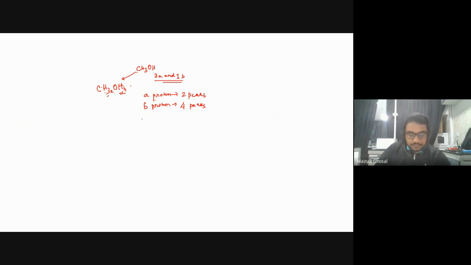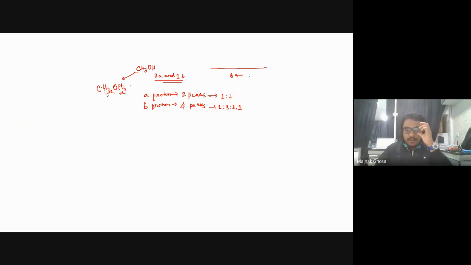Now what should be the ratio for these 2 peaks? This will be 1:1, and these 4 peaks will be 1:3:3:1. If I draw this in a spectrum, how will it look? This is your delta value. Now you have to find which of these will be higher in delta value. Always remember that in NMR, delta value increases from right to left.